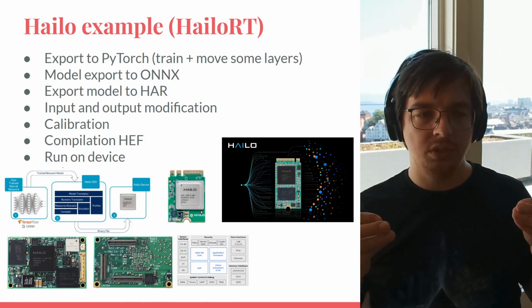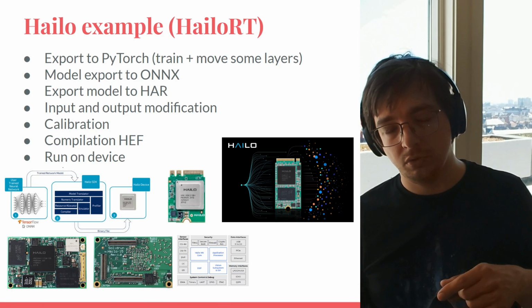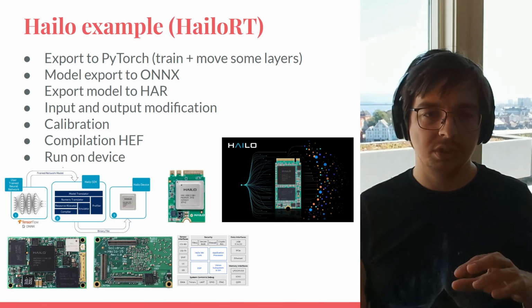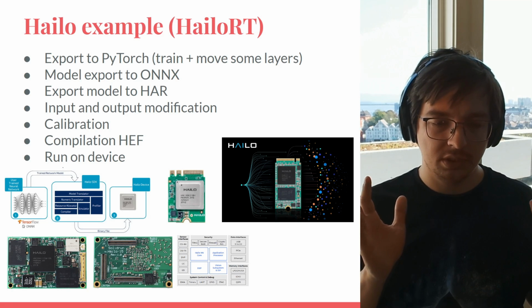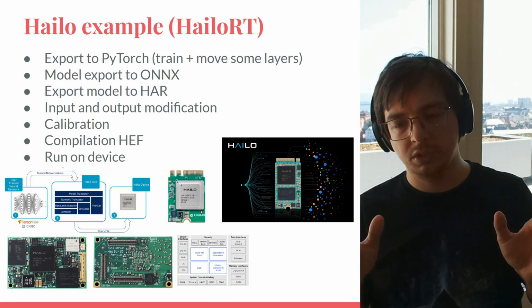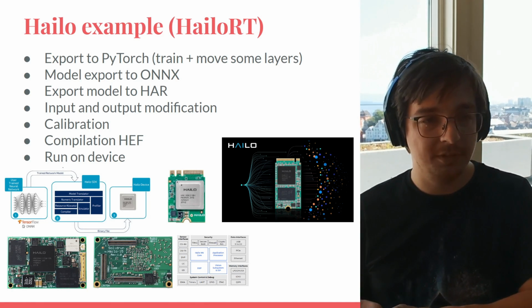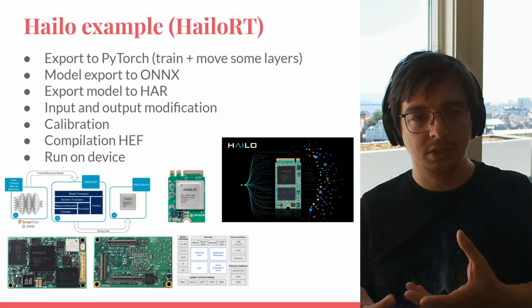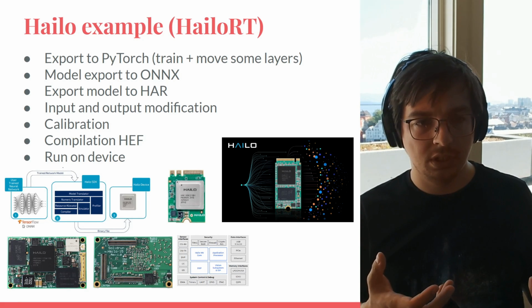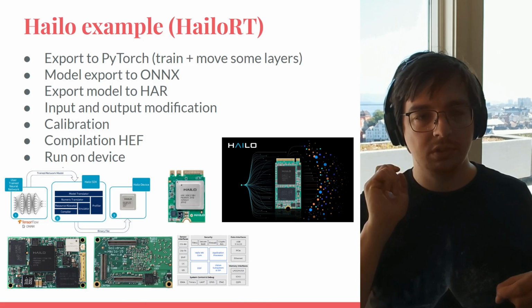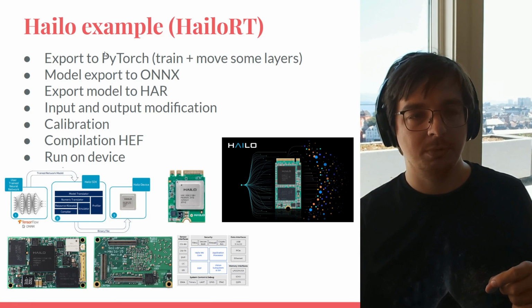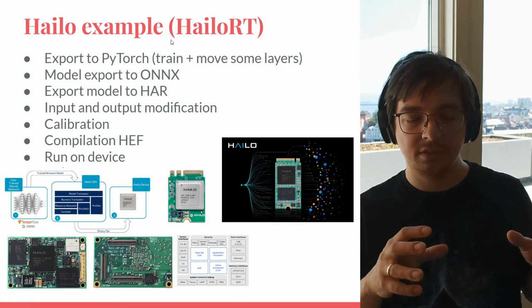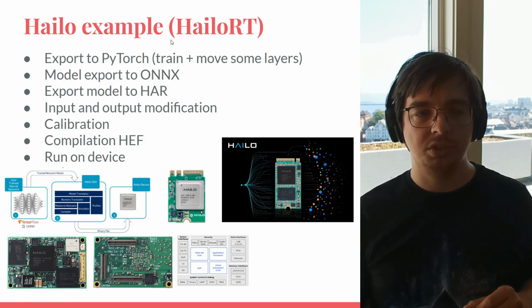After that, you need to export your model to ONNX. You can do this with PyTorch, or with Caffe, for example. For TensorFlow, they support direct inference, so it's not totally correct to speak about export here. You can just modify your PyTorch model.